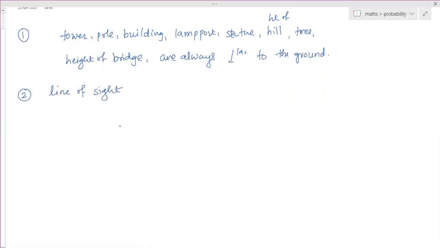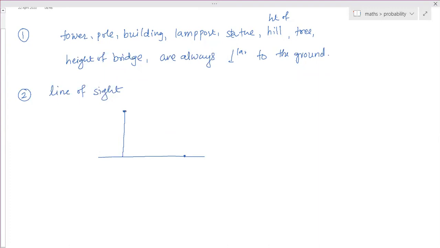Now suppose a lamppost or a tower is erected on the ground. When a person at some distance observes the top of this tower, from here the person is looking towards the top of the building.